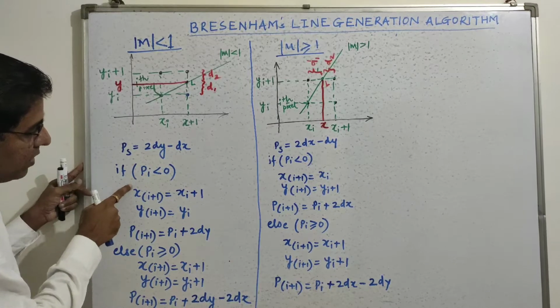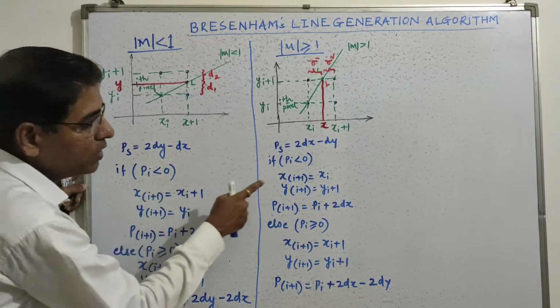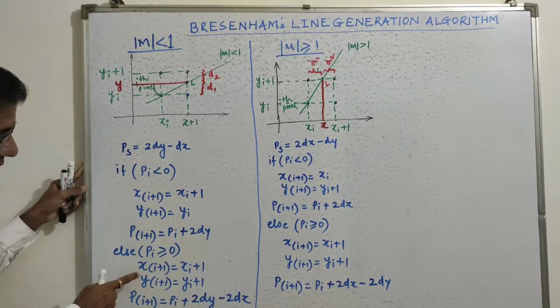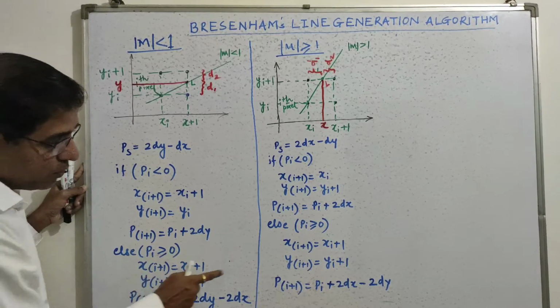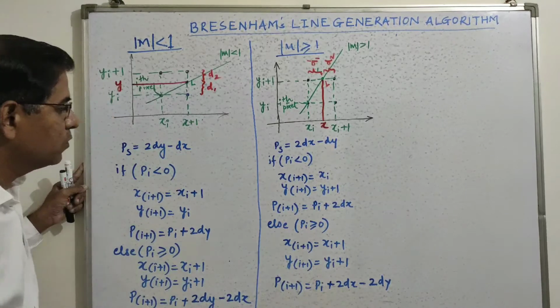For slope less than 1, y is not changing for pi less than 0. Here x is not changing for pi less than 0. Y is incremented by 1 for pi greater than 0. Here also x is incremented by 1 for pi greater than 0.